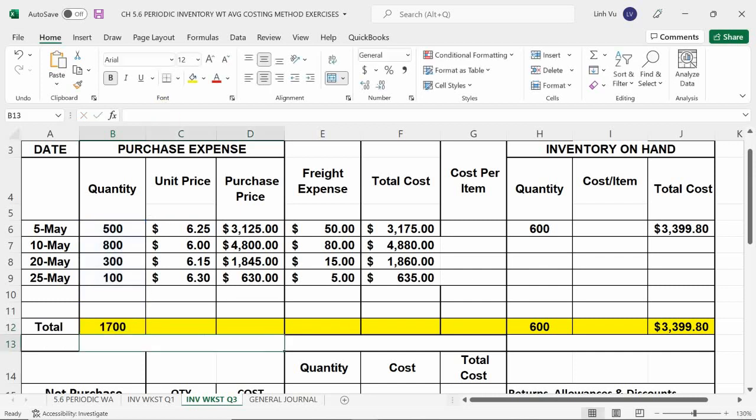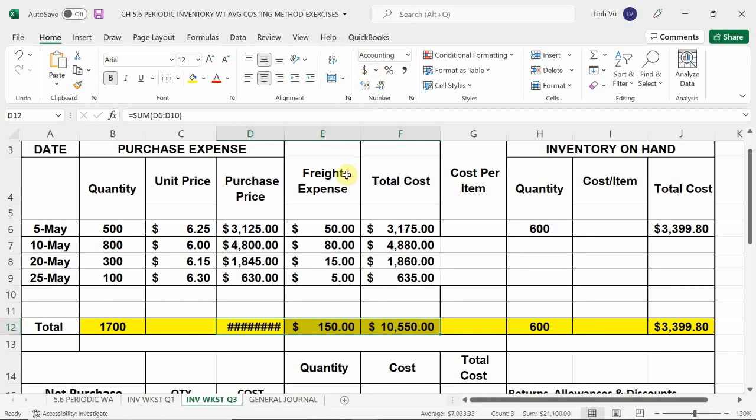Okay, so that's purchase price. Plus $150 worth of freight, giving you a grand total of $10,550. Yes, that's all correct.